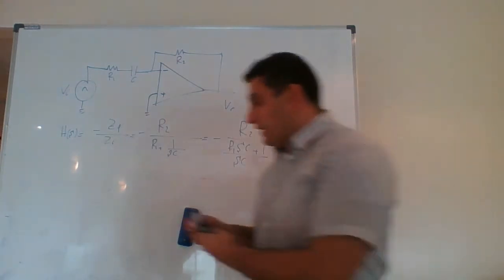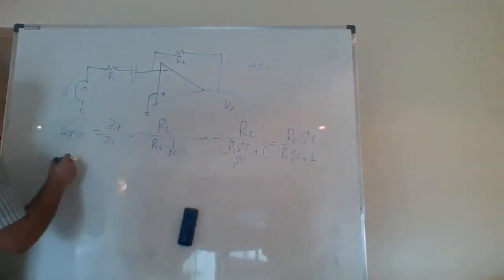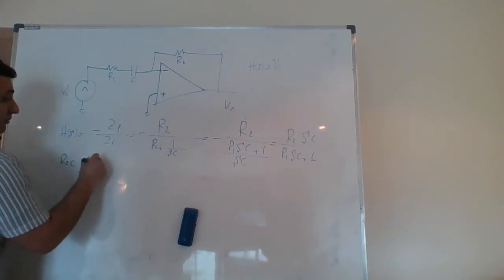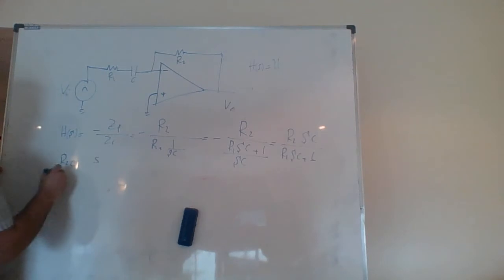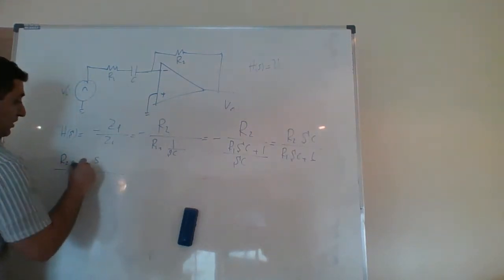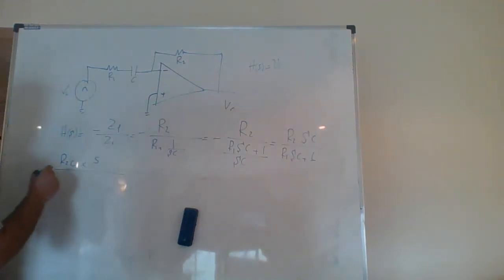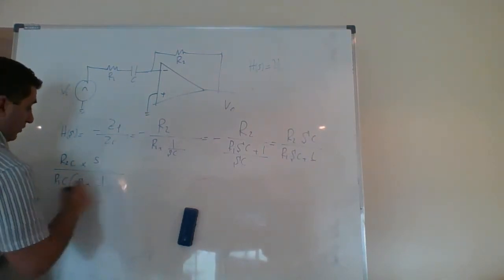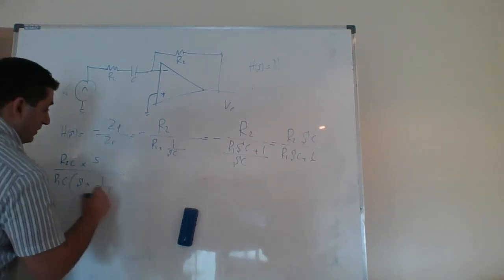So let's do some more analysis. On top, I should have R2C multiplied by S. At the bottom, I should have R1C times S plus 1 over R1C.